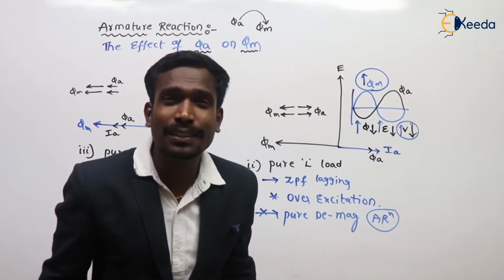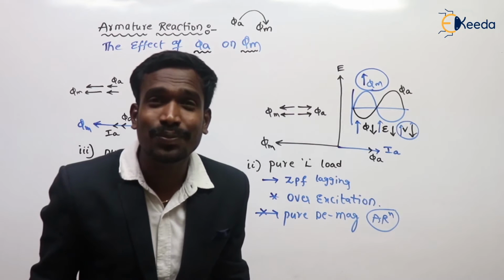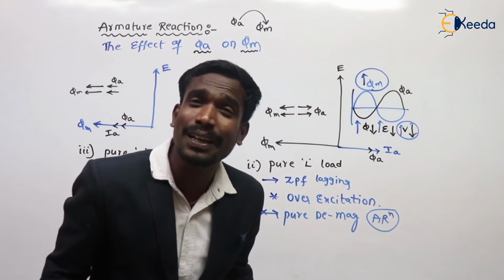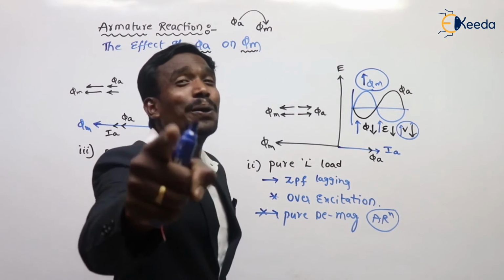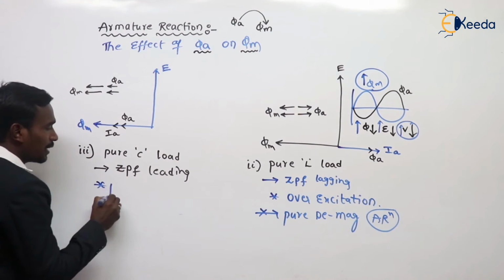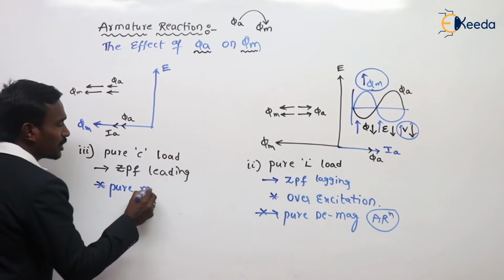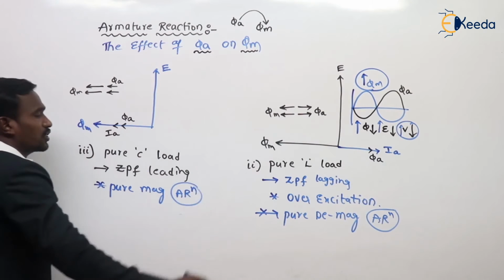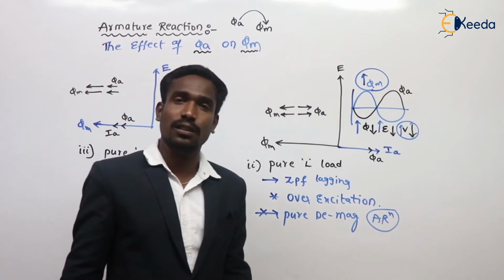So pure demagnetizing or cross magnetizing? What is the armature reaction in case 3? Very good, pure magnetizing. Very good answer. So here, pure magnetization effect of armature reaction.